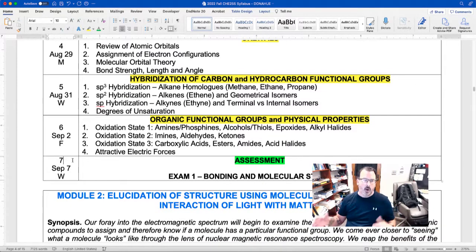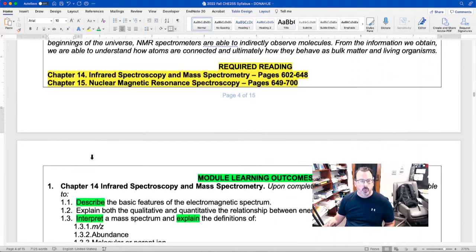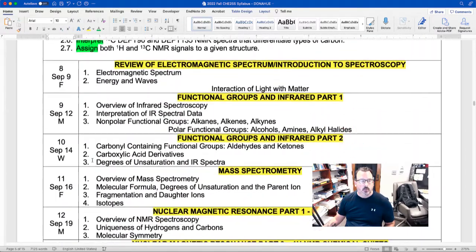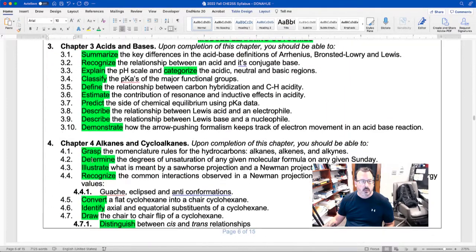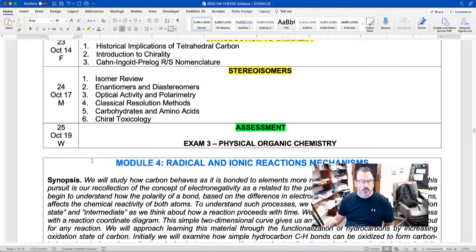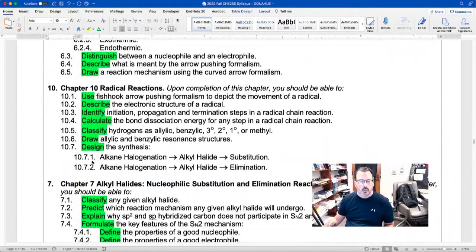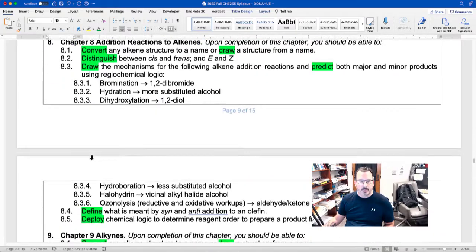So that's how these modules are laid out in the syllabus, so you understand the structure. Module 2, Module 3, Module 4, Module 5.